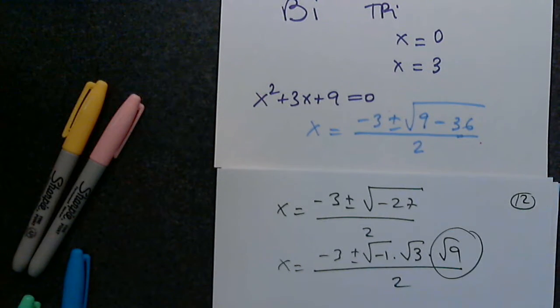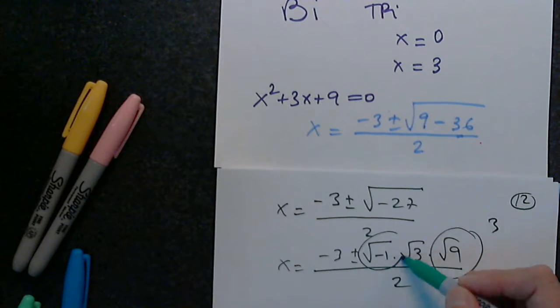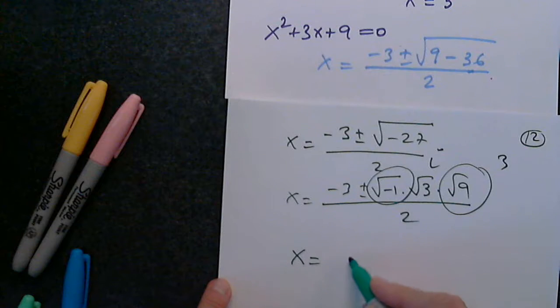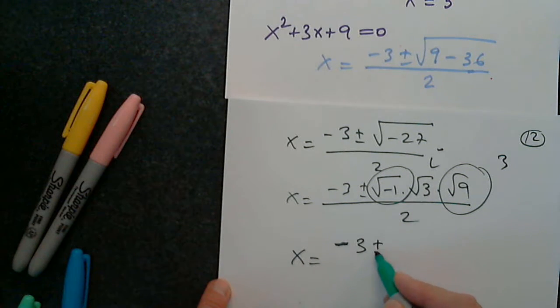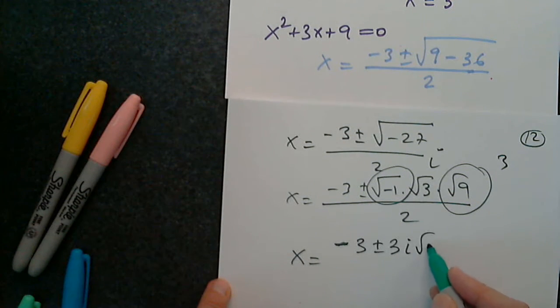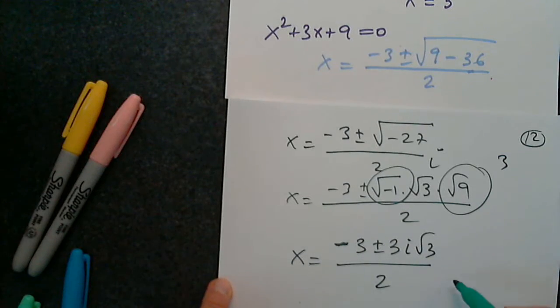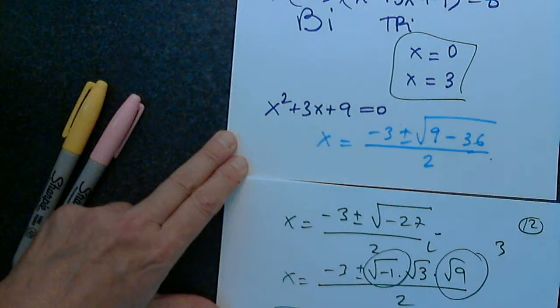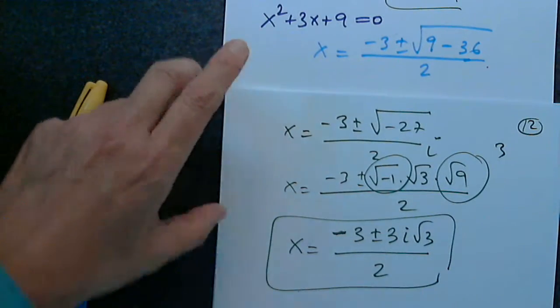How much is this? 3. How much is this? Very good. So finally, negative 3 plus or minus 3i, the square root of 3 over 2. We got 2 solutions and 2 more. A total of 4.